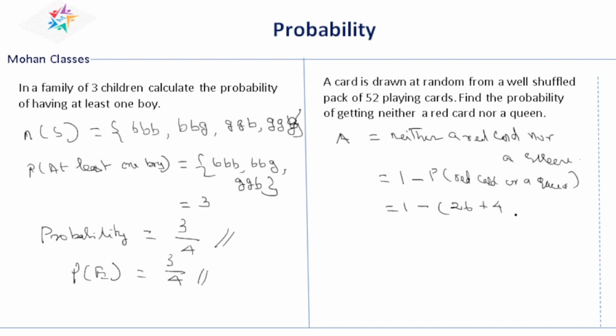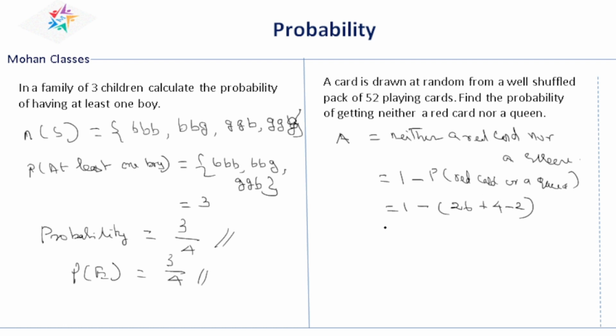But here, one more thing: the event is a red card or a queen. So there will be 2 queens in the red cards, and we have to subtract those 2 queens.